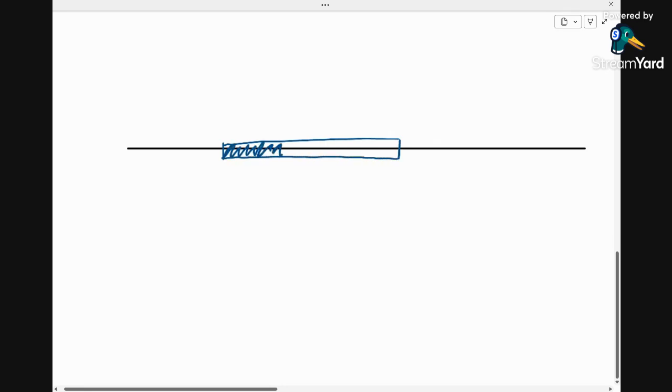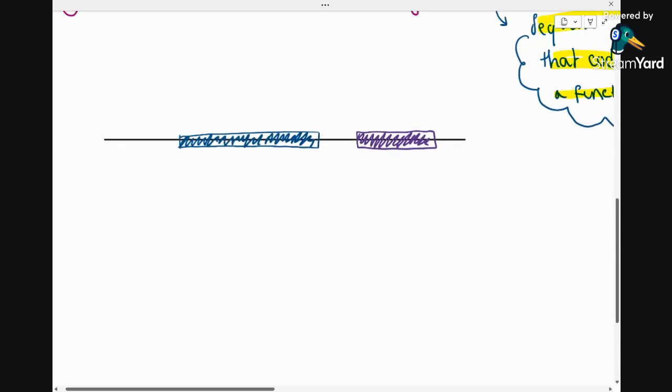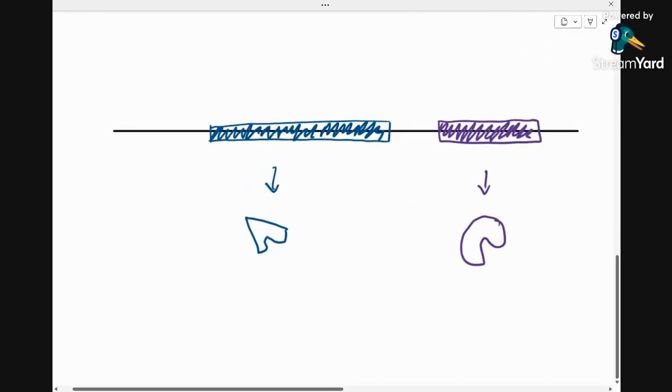So this here in blue, this box, is a protein coding gene, let's just say. And let's say you've got another one in purple, a slightly smaller gene here. So let's just say there are two genes on this particular bit of DNA that we're looking at. And of course, they're both going to code for proteins. This one might make an enzyme here, and the blue one might make an enzyme that looks like this, for example. Two separate enzymes, two separate genes.